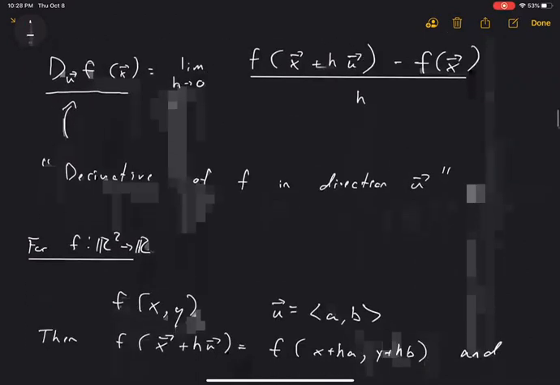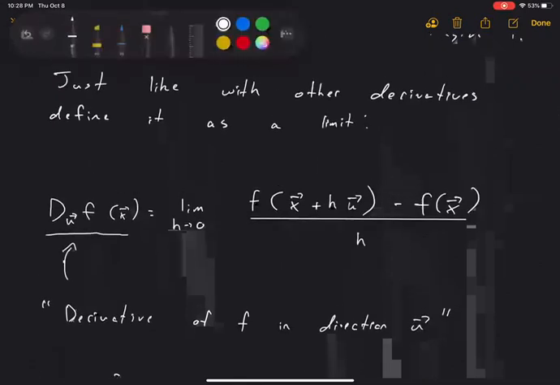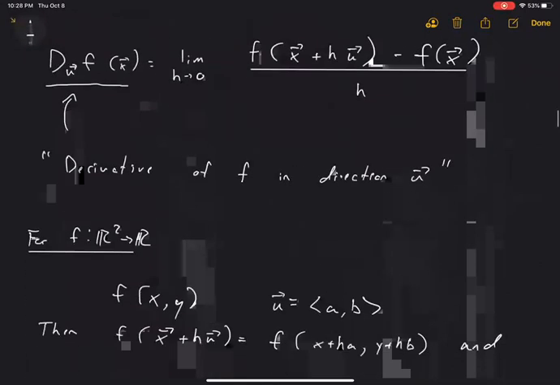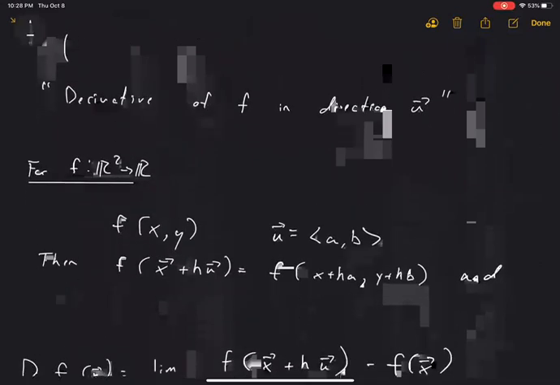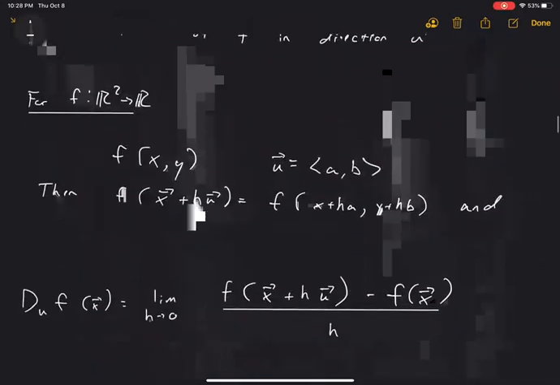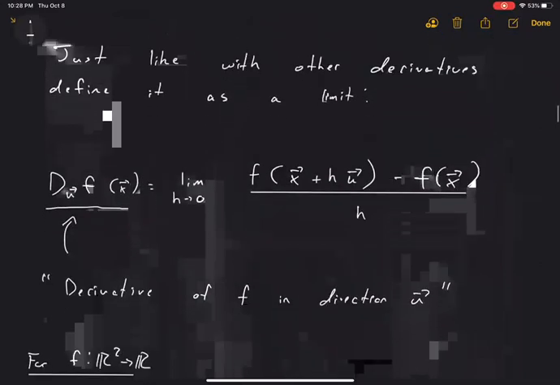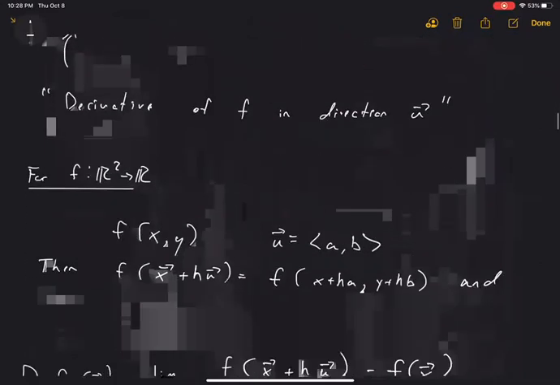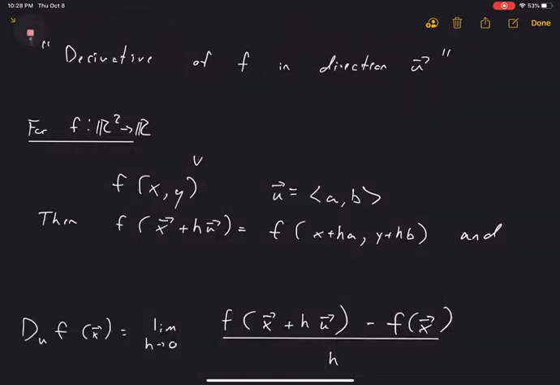Before we go on, we can be specific. I'll draw a picture of what's going on in a moment, but let's narrow down this definition to the specific case of a function from R2 to R. Let's write our function as f of x, y.